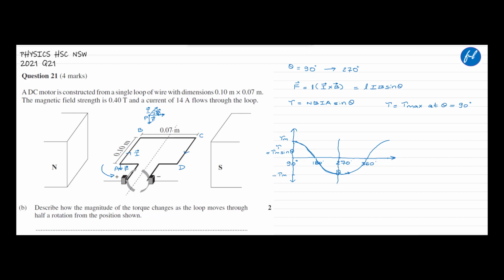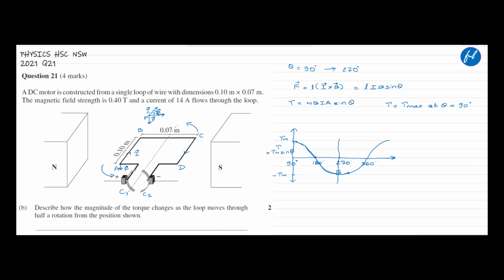Let's see what is happening on the coil actually. As soon as the side CD goes up, it completes a quarter of the rotation. The commutator, let's call it C1 and C2. When the coil comes up, this commutator will get in touch with the brush over here.